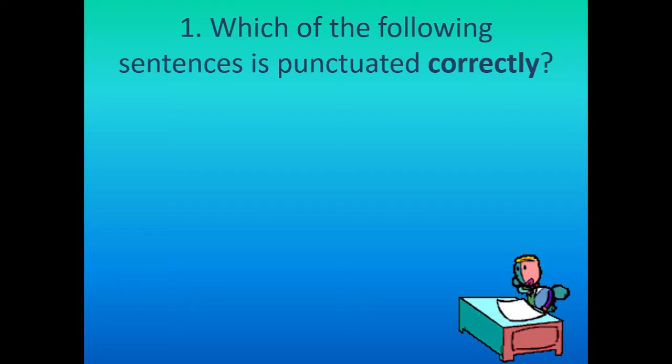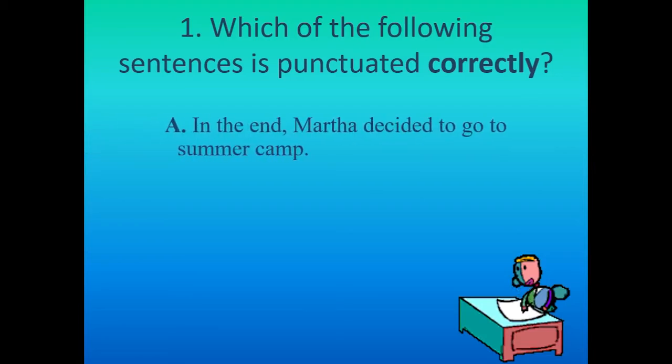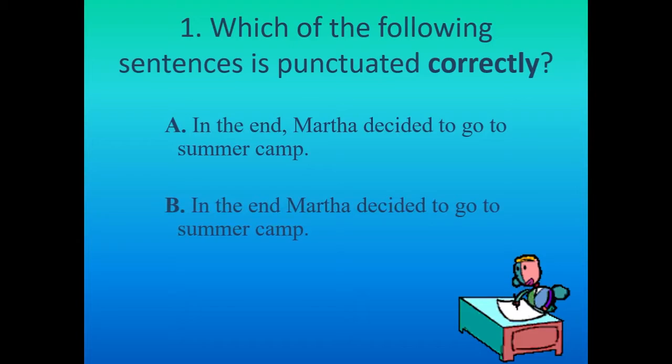And now let's look at some questions. Which of the following sentences is punctuated correctly? In the end, comma, Martha decided to go to summer camp. Or in the end, Martha decided to go to summer camp without the comma after end. Take a second to guess which one is written correctly.